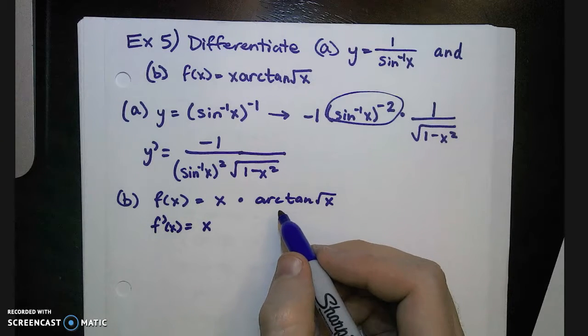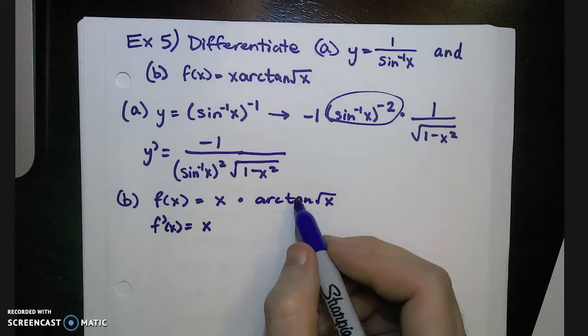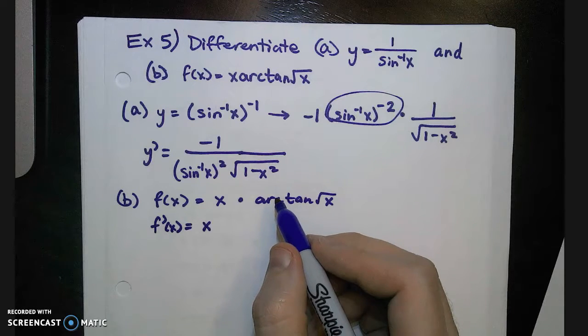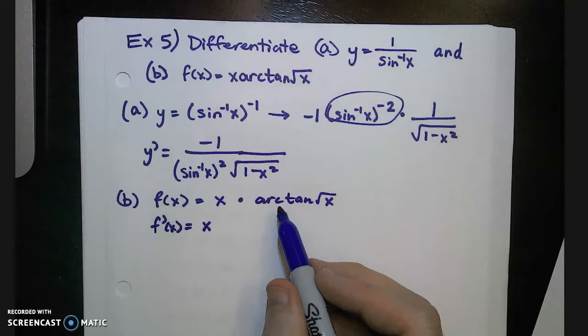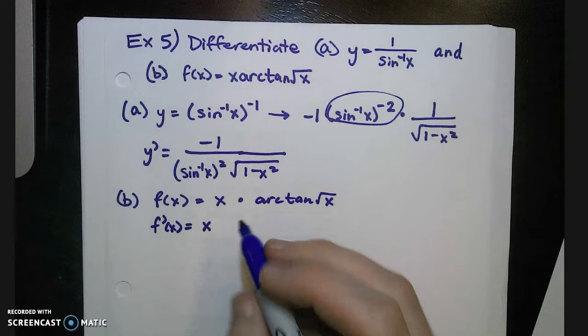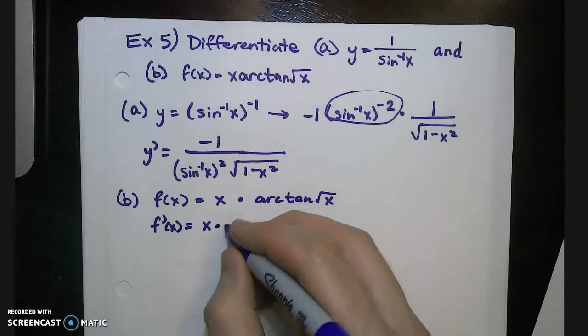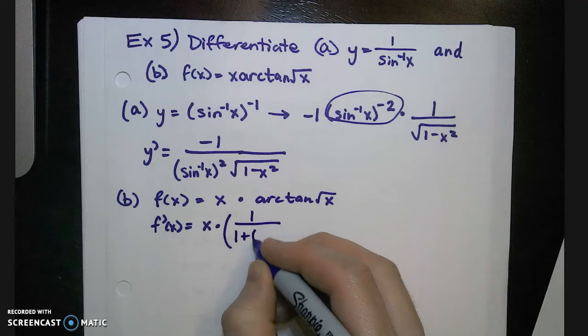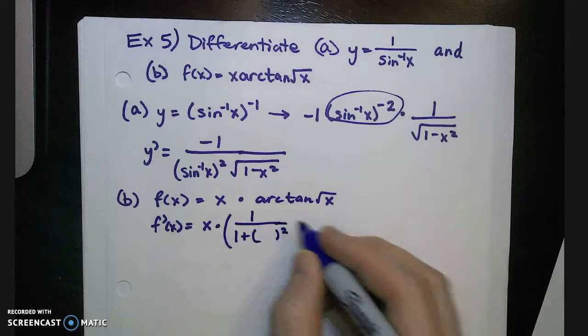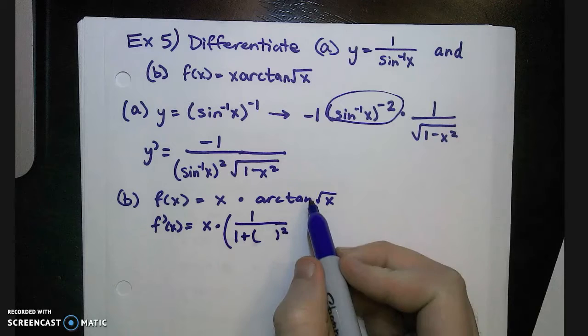So first we're going to do derivative of inverse tangent. And if we look at our derivative for inverse tangent, it's 1 over 1 plus x squared. But the x in this case is a radical x.